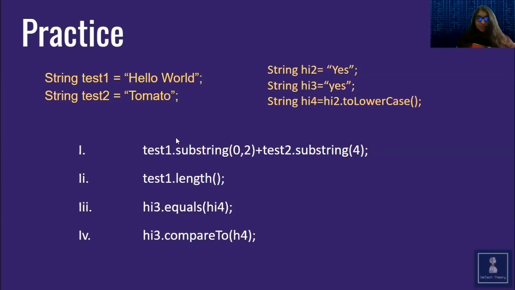All right, so we keep it, and then we go test2.substring(4). What this means is we have to start at index 4. Let's go to test2. Let's go to index 4. 0, 1, 2, 3, 4. Right? So now we have to go from 4 all the way to the end. So these are the letters T and O. So HE plus T and O would give us heto.